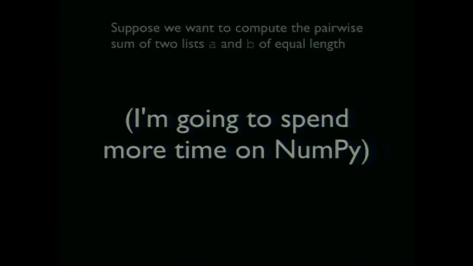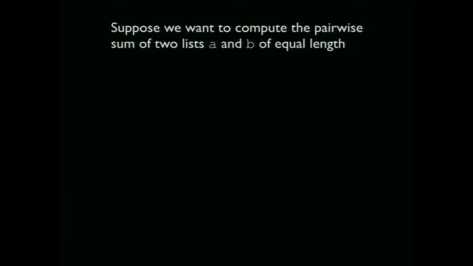But just to motivate this, let's say that we want to compute the pairwise sums of two lists, A and B, of equal length. So A and B are lists of numbers with the same length. And we want to make a new array C of the same length where we're just pairwise adding up all the elements. So in C code, we could do it something like this, where we loop over the rows, since we know how many there are.